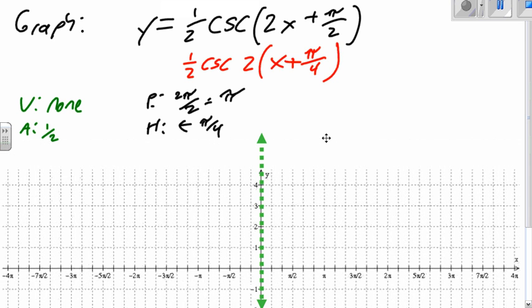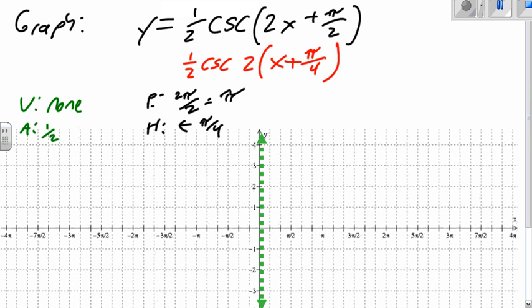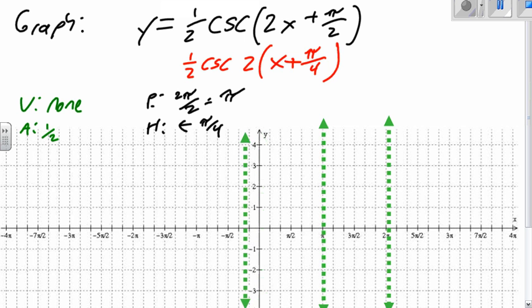So since cosecant's related to sine, it has zeros at all the multiples of pi. But all of those are going to be shifted to the left, pi over 4.